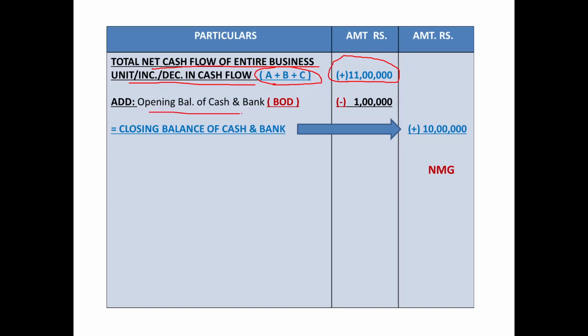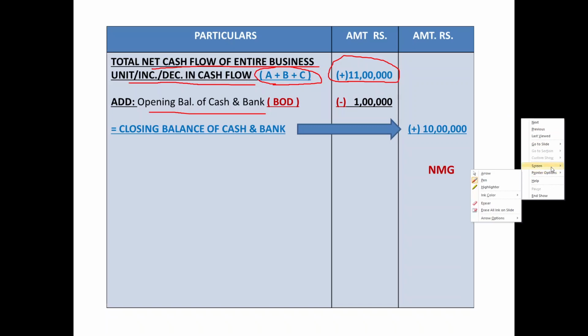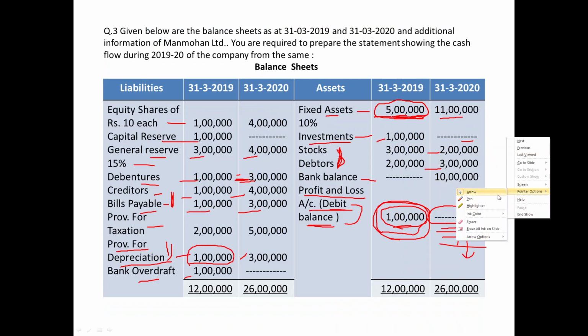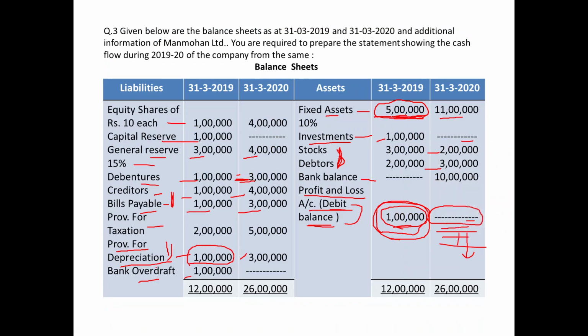Add opening balance of cash and bank. As we saw in the balance sheet, a bank overdraft was there in the last year. Let us have a look at the balance sheet once again. Liability side, last item. See, it is a bank overdraft, rupees 1 lakh. So last year there was a balance of bank overdraft. And in the current year, bank balance, have a look on the asset side. It is a bank balance. Last year nil, because the opening balance is a bank overdraft on the liability side, and the closing balance of bank has been given as 10 lakhs.